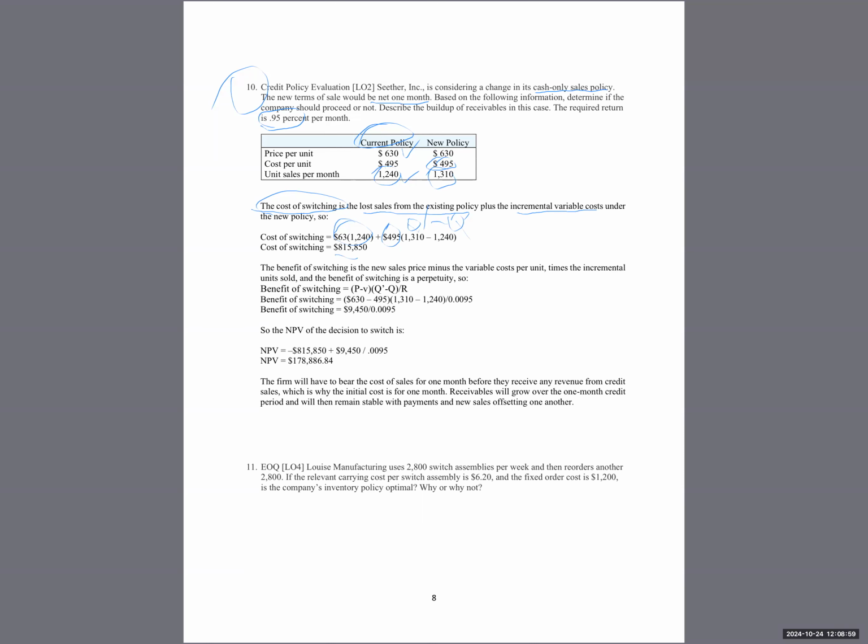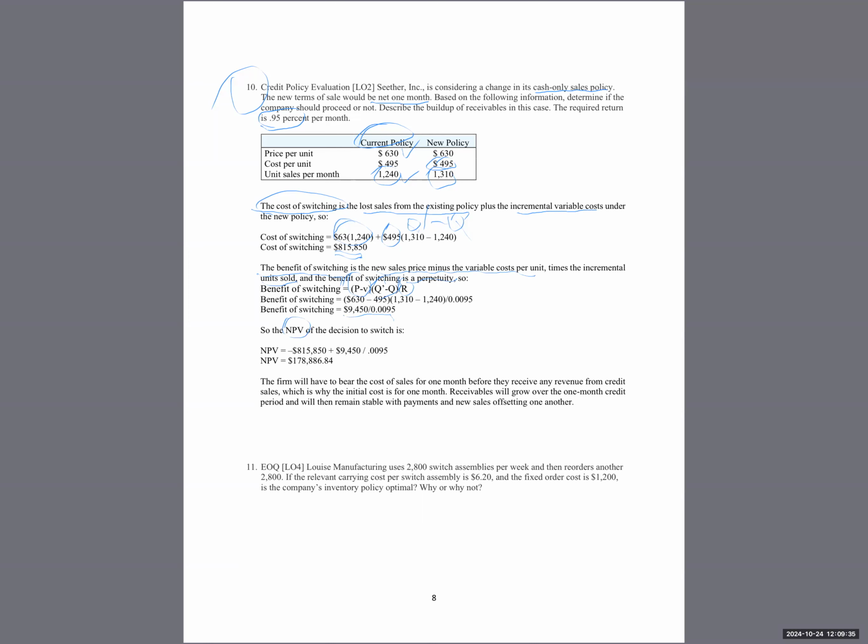So we can find the cost of switching is $815,850. And then the benefit of switching is the new sales price minus variable costs, times the incremental sales units. Because this is a perpetuity, we do P minus V, price minus variable cost, times the incremental quantity over R. So we find the benefit of switching.